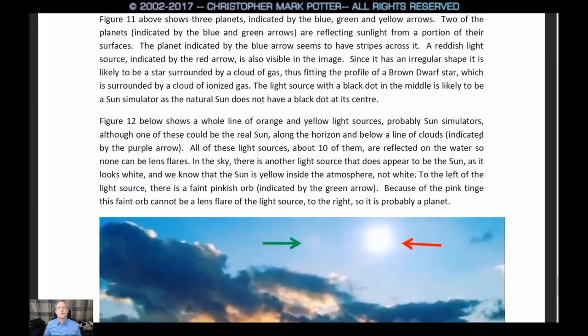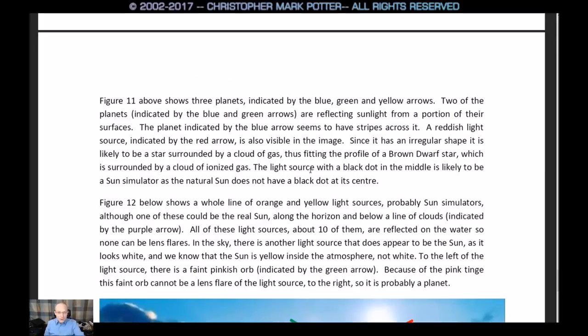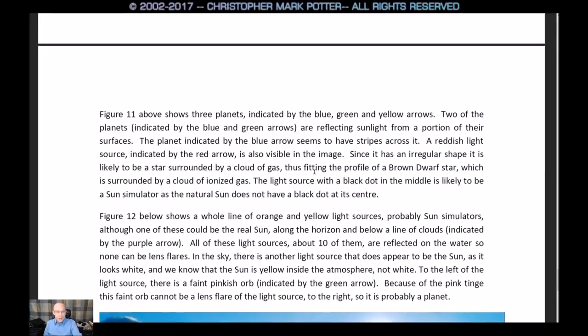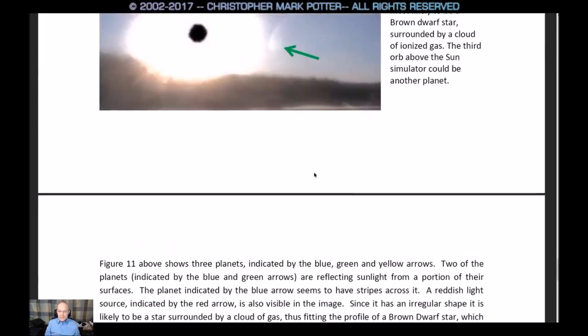Figure 11 shows potentially, allegedly, 3 planets, indicated by the blue, green, and yellow arrows. Two of the planets indicated by the blue and green arrows are reflecting sunlight from a portion of their surfaces. The planet indicated by the blue arrow seems to have stripes across it. A reddish light source indicated by a red arrow is also visible in the image.